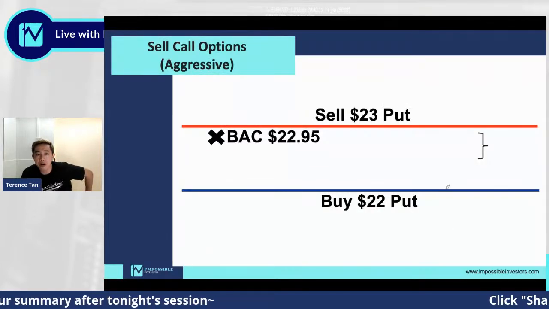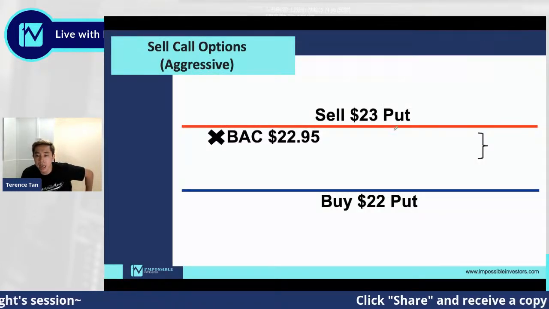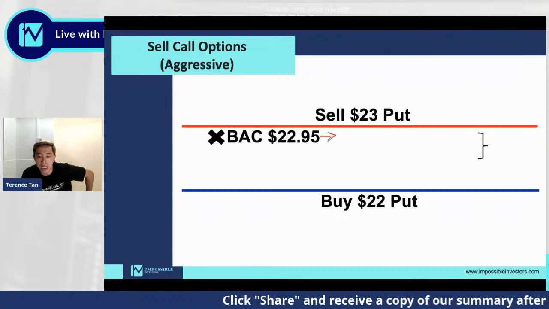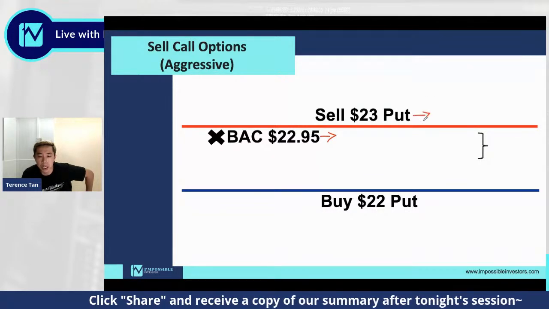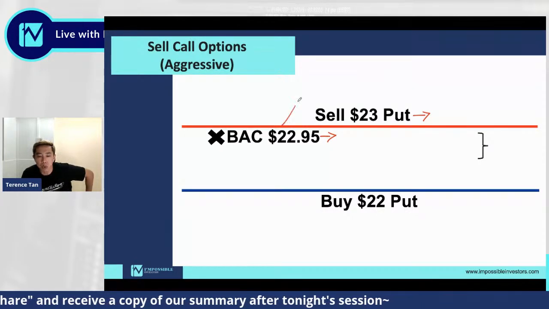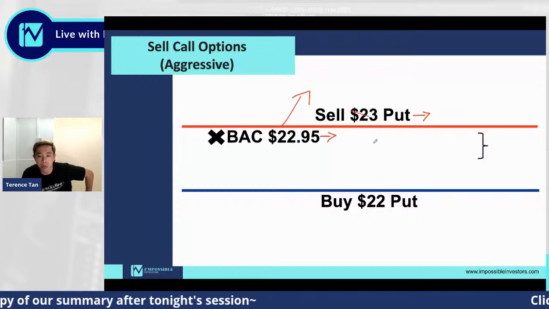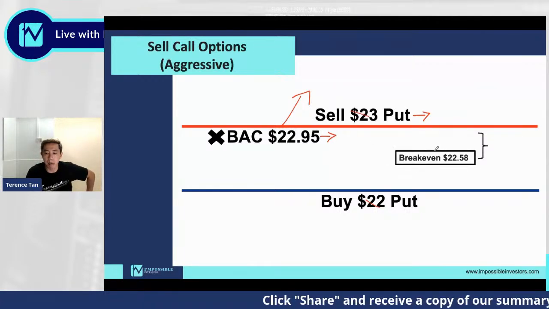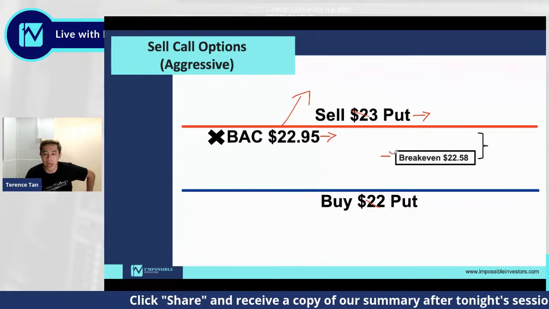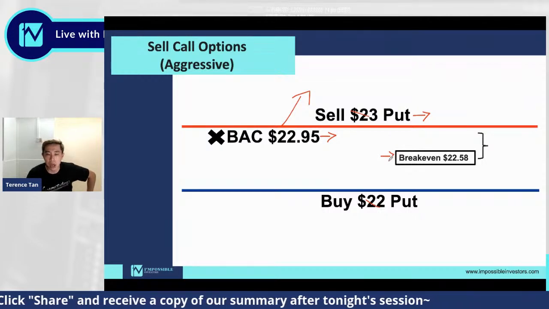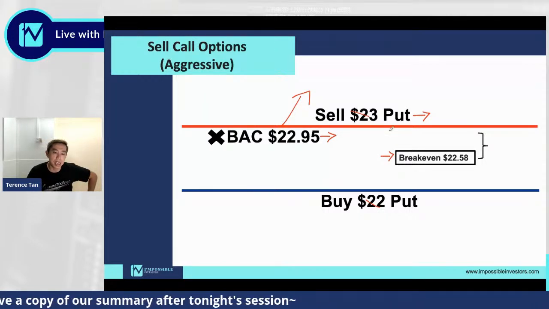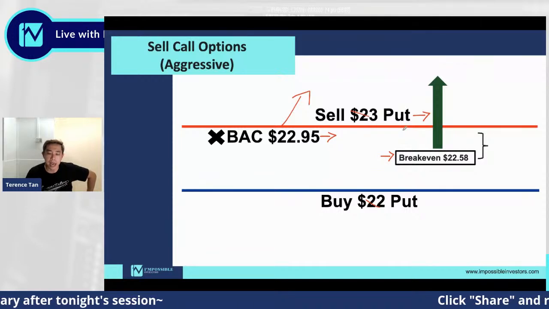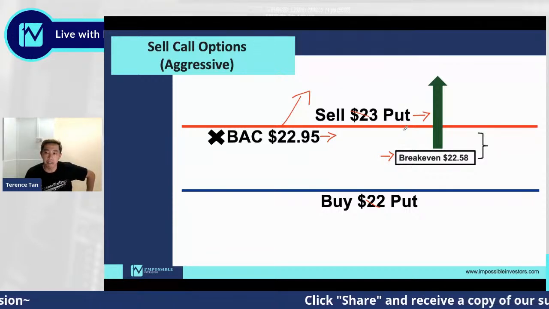In the diagram, this is how it's going to look. We have the stock sitting right here, and the sell put option is over here. Effectively, we want the stock to go up, so both options will expire worthless. But if it doesn't, we have our break-even point at 22.58, based on the premiums that we collected earlier, and anything above that is going to be a profit.